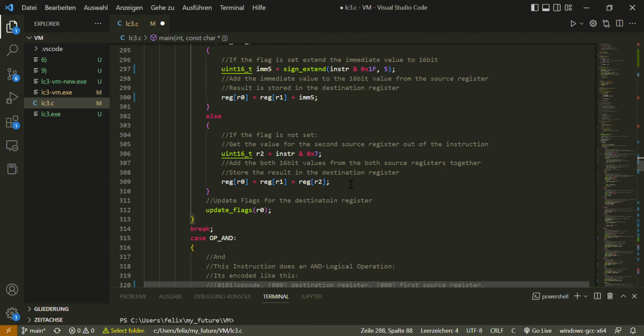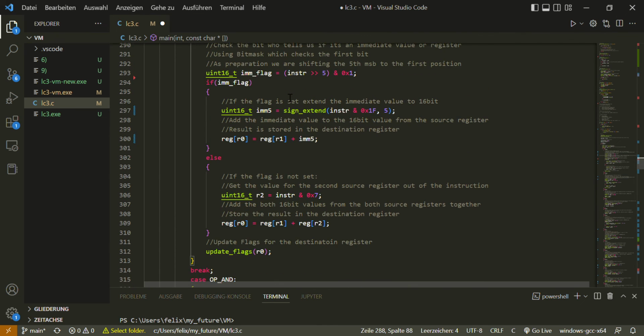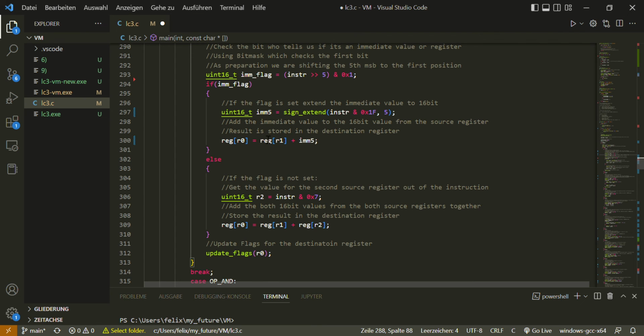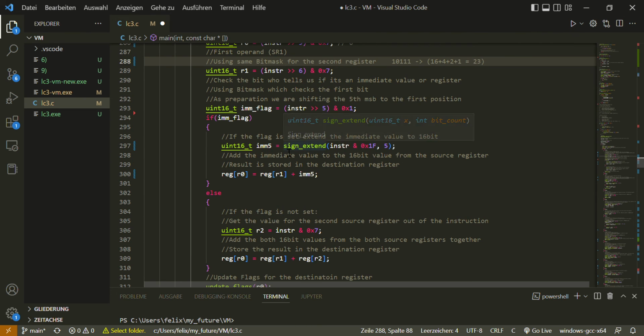Okay, this would be the case if the immediate flag is set to 1.